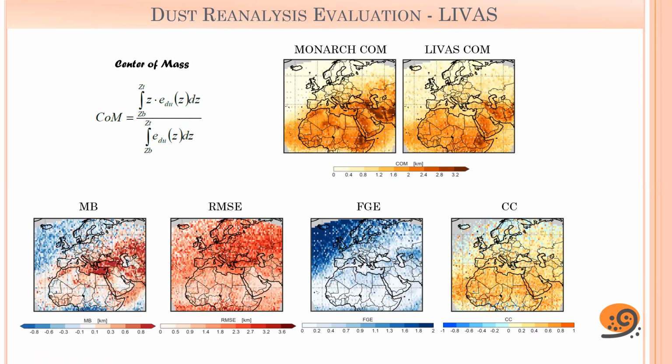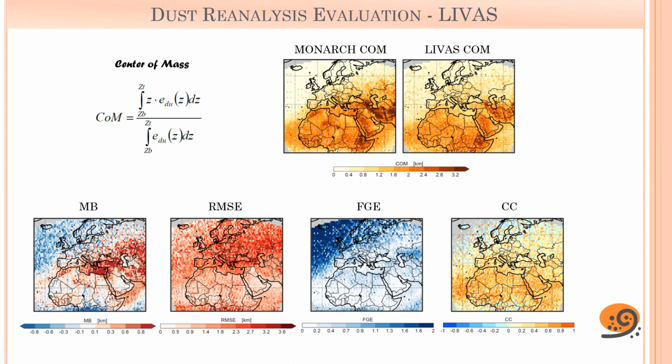The altitude of the center of mass of the dust layer is defined by this equation. The evaluation results showed that Monarch captures very well the altitude of the dust layer over both dust emission and dust transport regions, revealing near zero bias and errors, as well as high correlation coefficient.